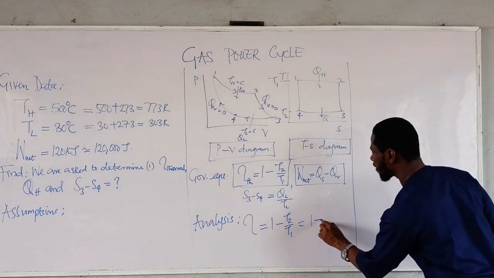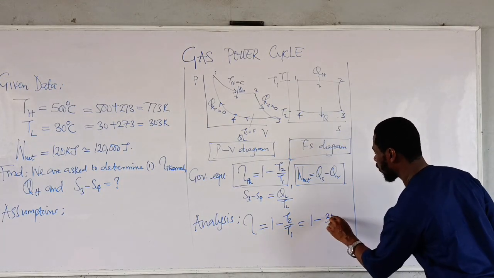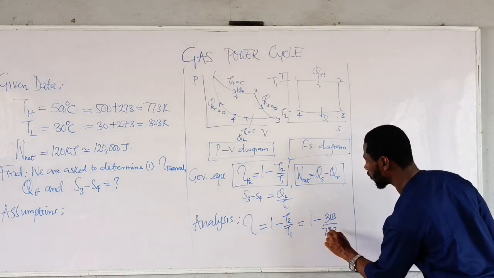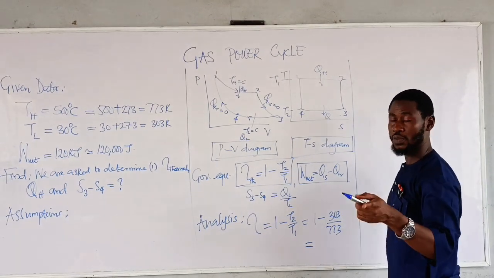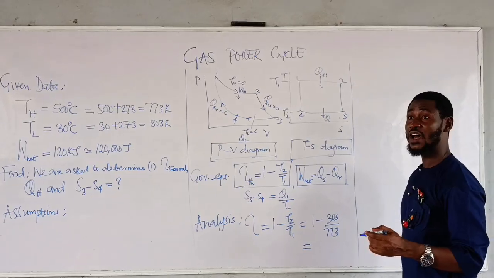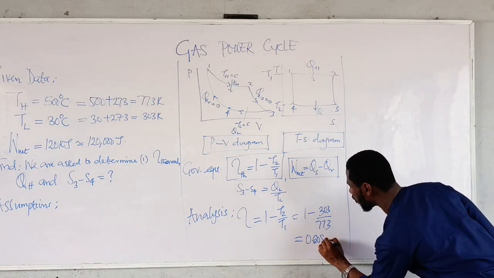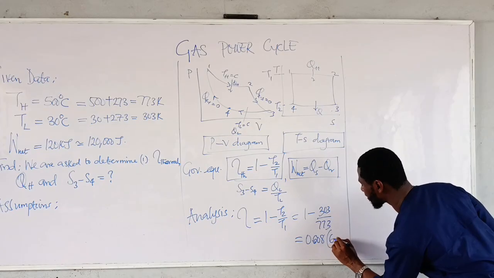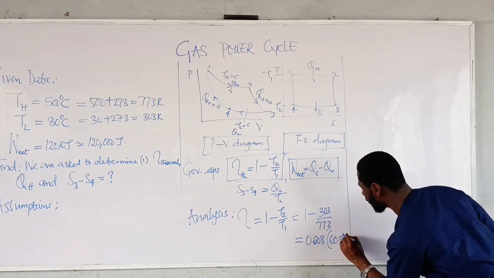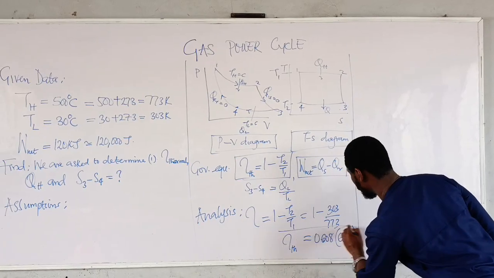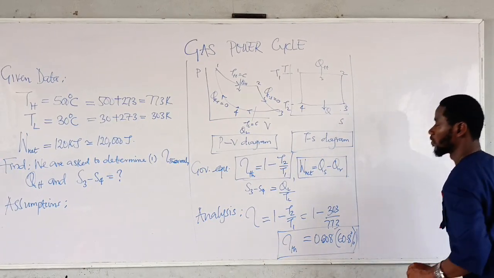So that is 1 minus 303 divided by 773, and the answer becomes 0.608, which is the same thing as 60.8%. That is the thermal efficiency of the engine.